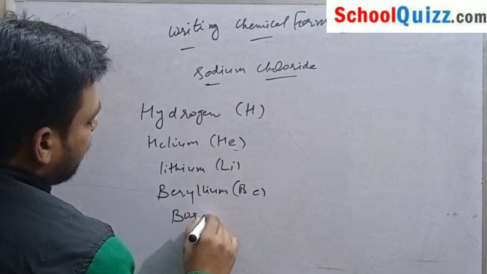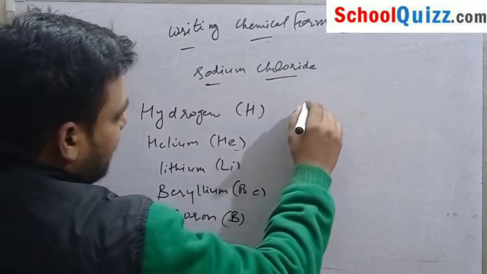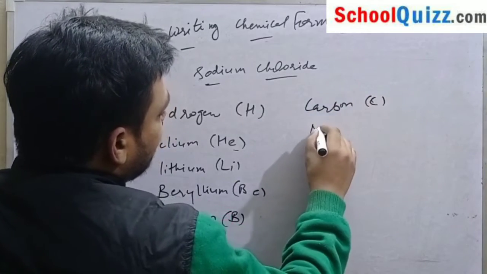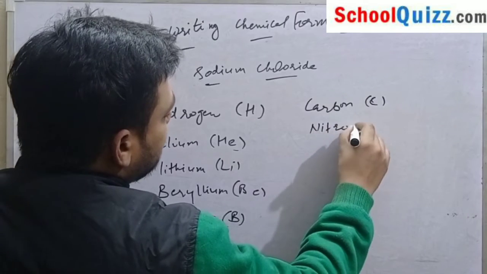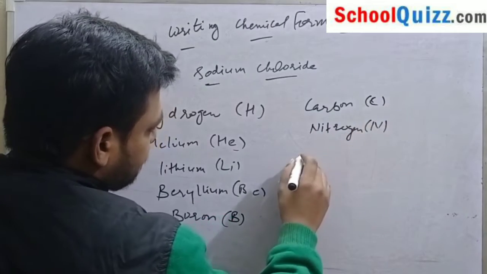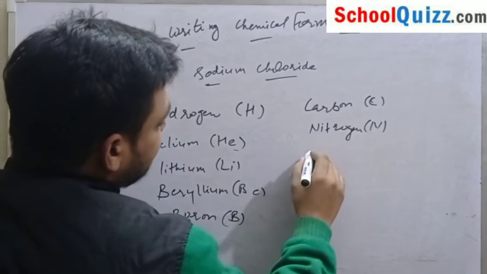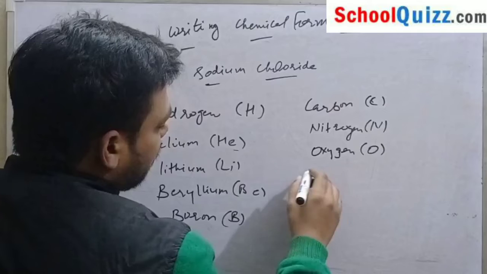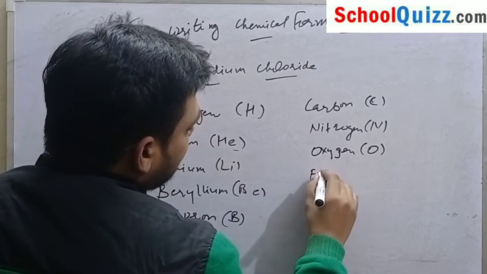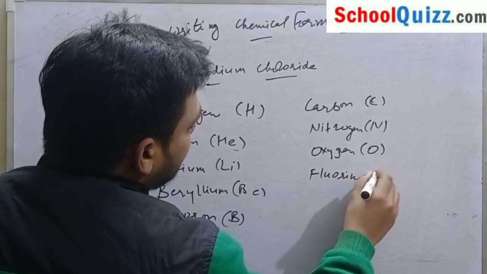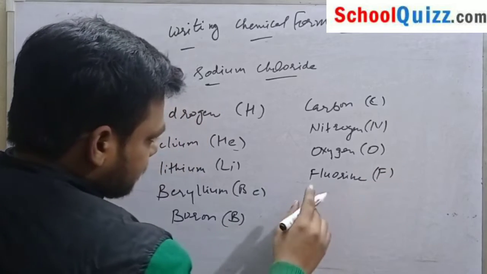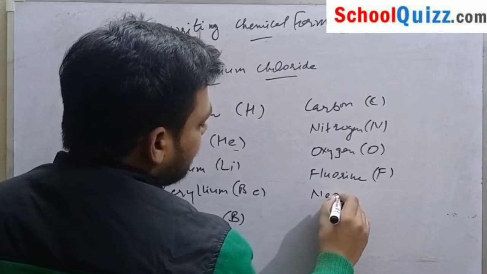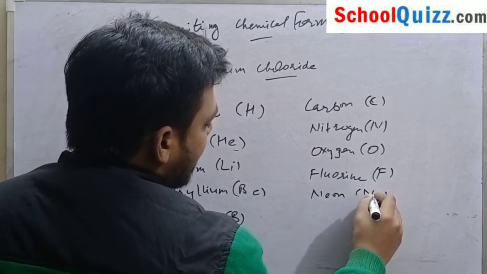Next one is boron, that is B. Next is carbon, C. Then we have nitrogen, N. Next is oxygen, capital O. Next is fluorine, that is F.